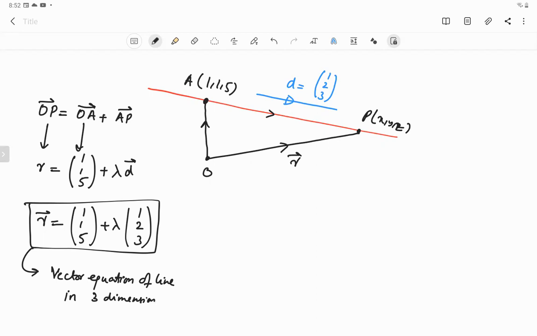We write A over here as (1, 1, 5), and we drag this direction vector.